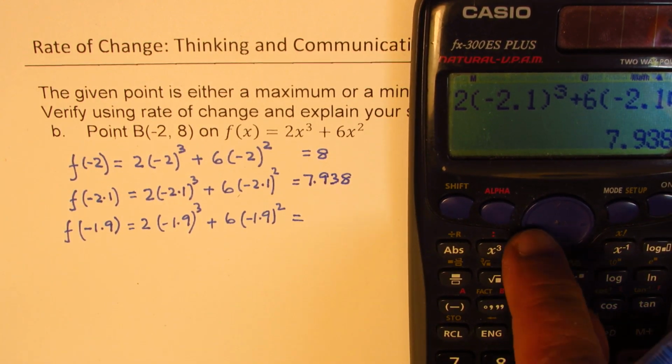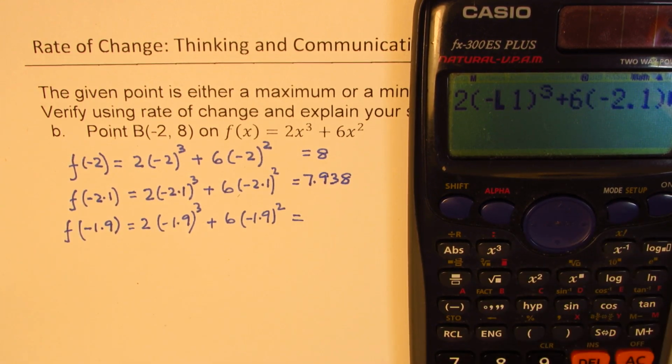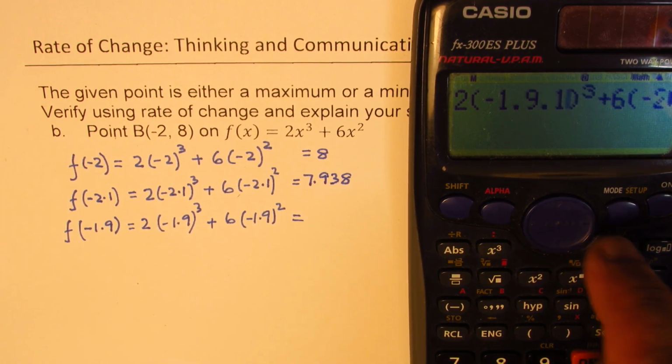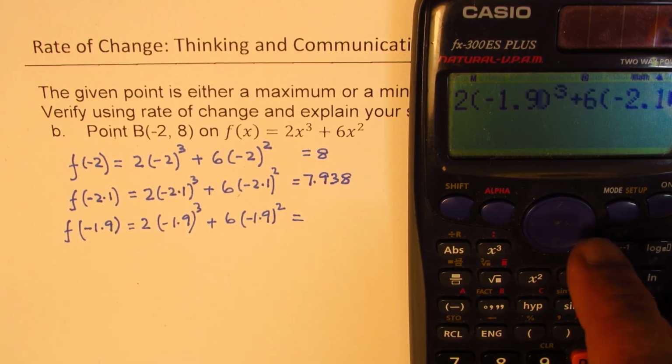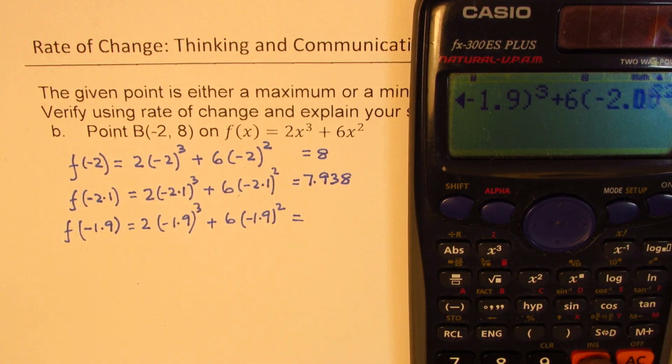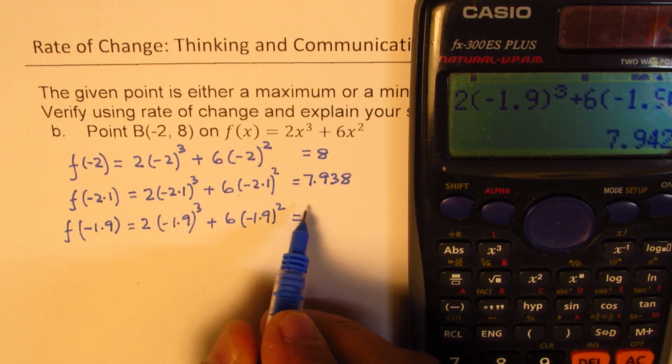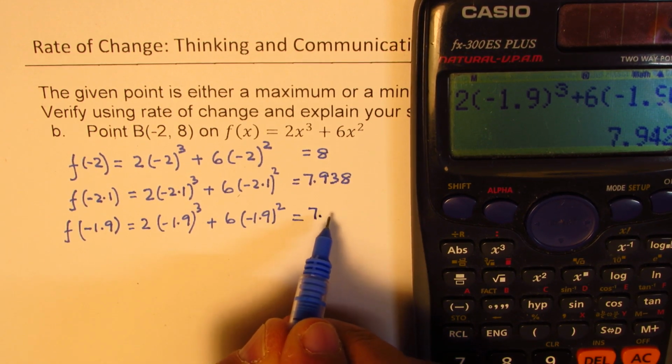The next value will be checked at -1.9. And this is equal to, in decimals, 7.942.